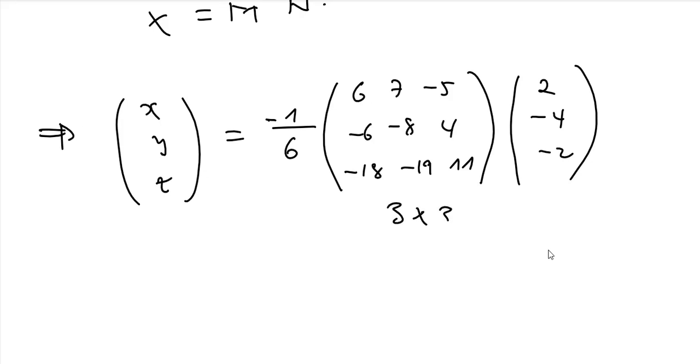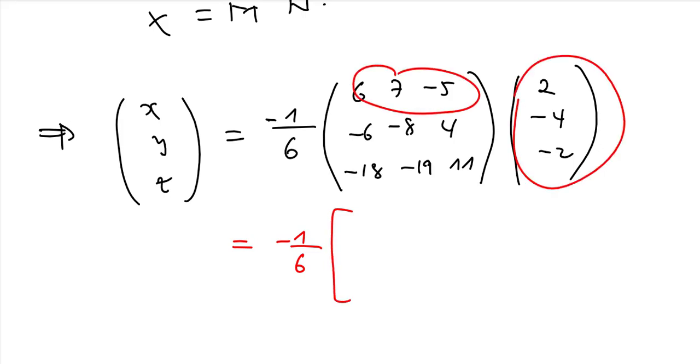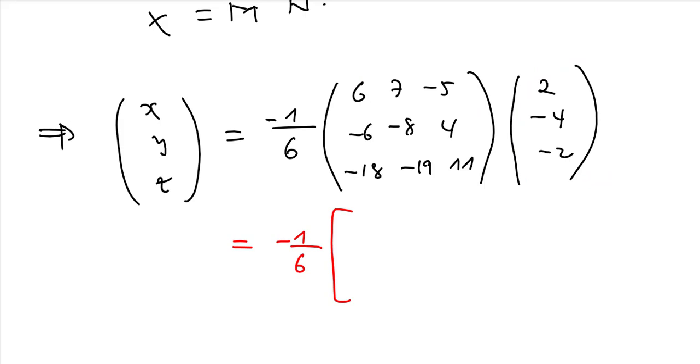Now what is the order of this matrix? This is a 3 by 3 matrix, and the order of the other is a 3 by 1 matrix. Since these numbers are the same, it is compatible for multiplication. So here we can multiply those matrices. I'll have negative 1 on 6 multiplied by, following row by column, so the multiplication will be simple.